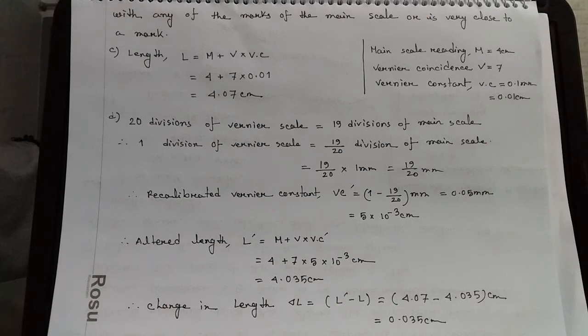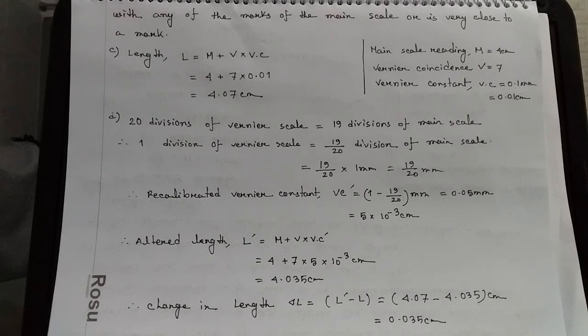When a 20-division Vernier scale is used instead of a 10-division Vernier scale, the reading will be more precise, and we get 4.035 centimeter, and the change of length is 0.035 centimeter. So this is our desired answer for question D, and I hope all of you have understood this one.